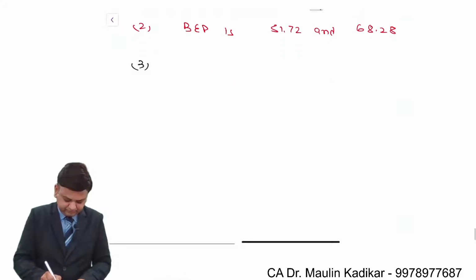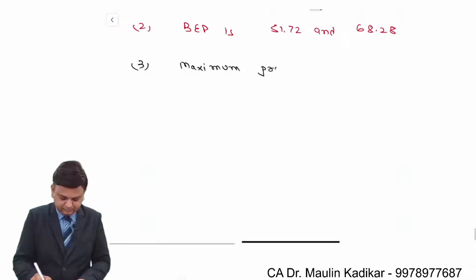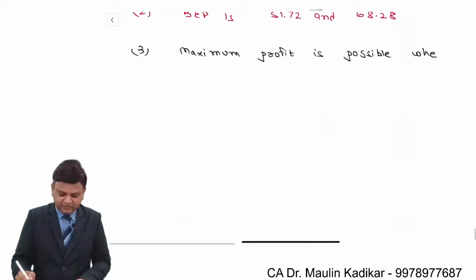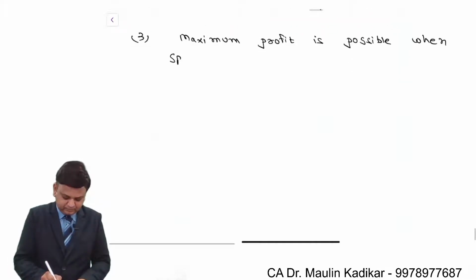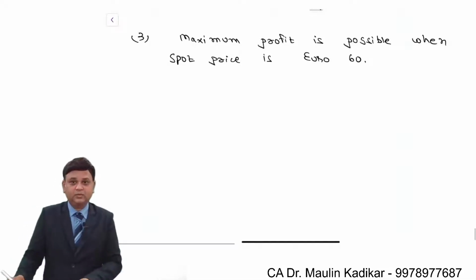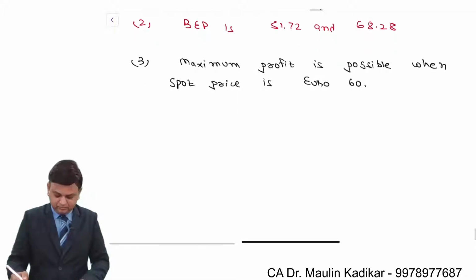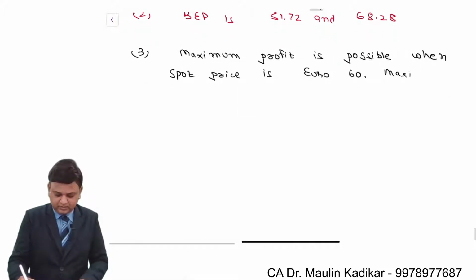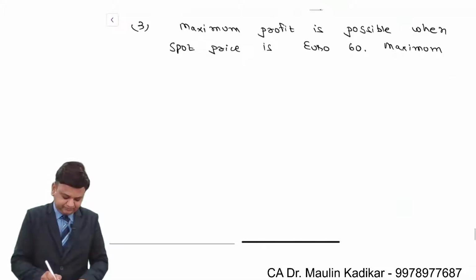Third, maximum profit is possible when spot price is euro 60. Full stop. Maximum profit is $8.28.